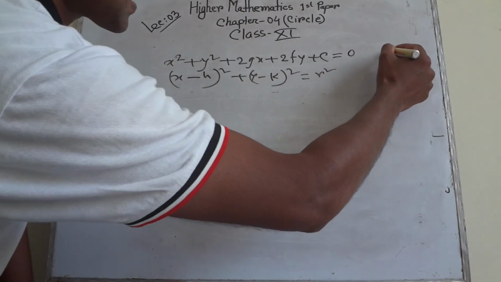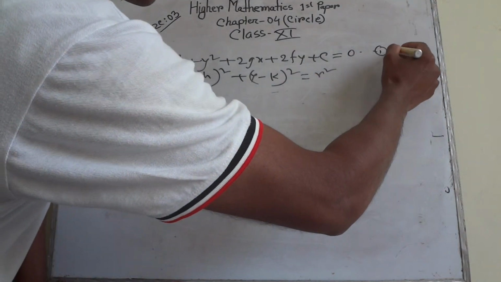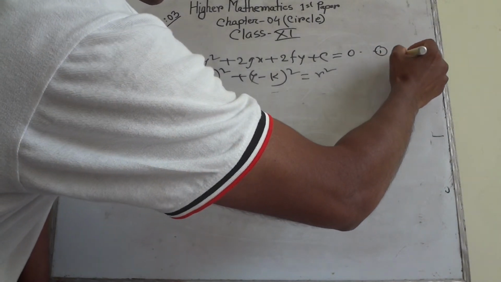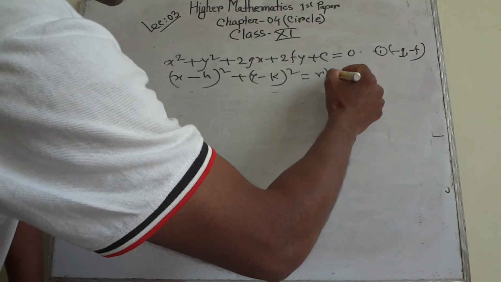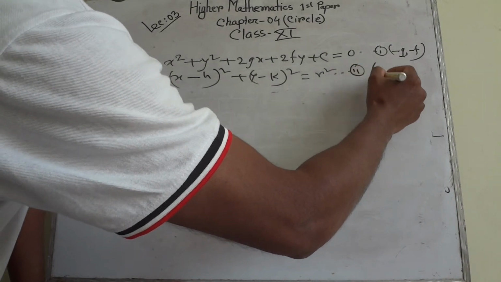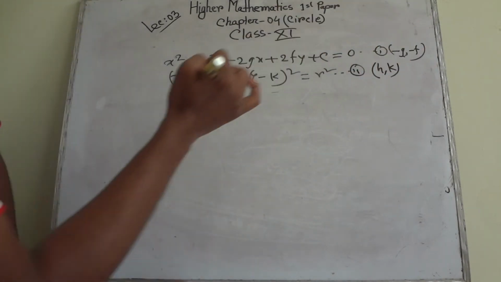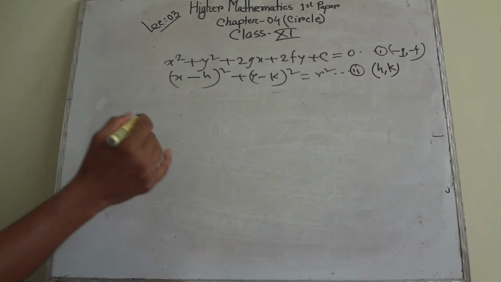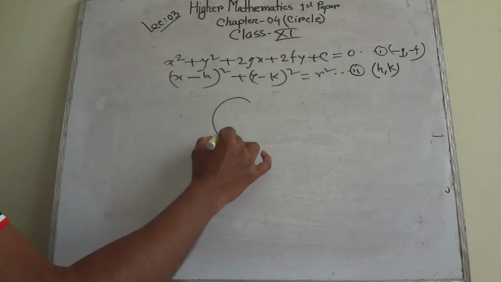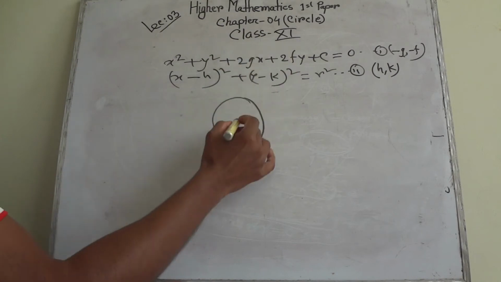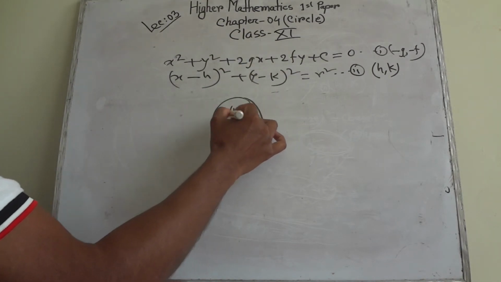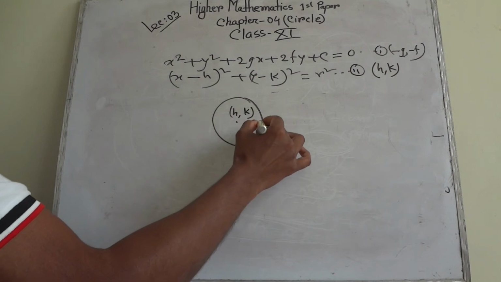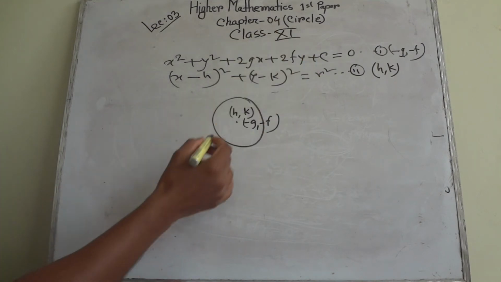This is equation 1, and here the center is (minus g, minus f), here it is (h, k). Now the circle will be this. So the center is (h, k) or (minus g, minus f).